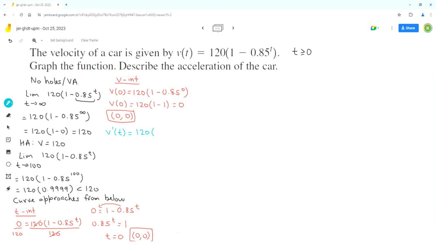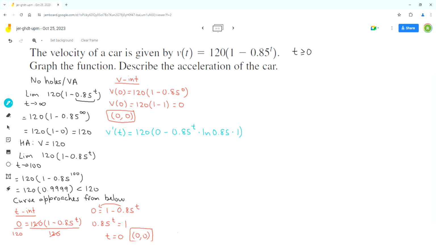And in the parentheses, the derivative of 1 is 0. And for this exponential term 0.85^t, the derivative is the term itself times the ln of the base times the derivative of the exponent of the exponential term, and the exponent is t and the derivative of t is 1.